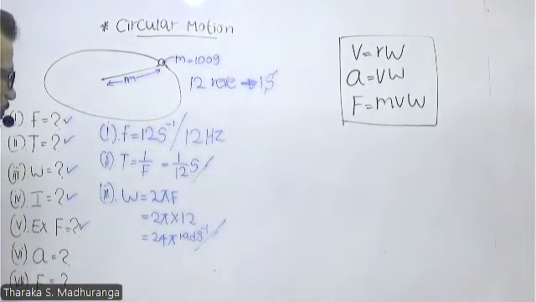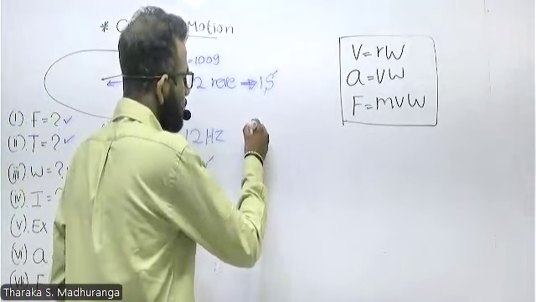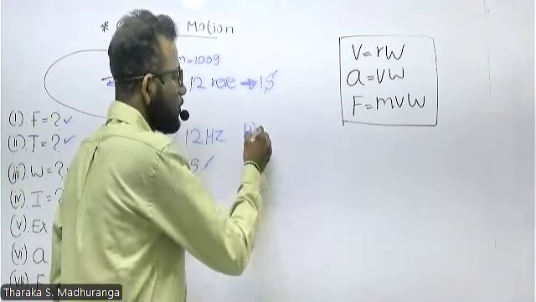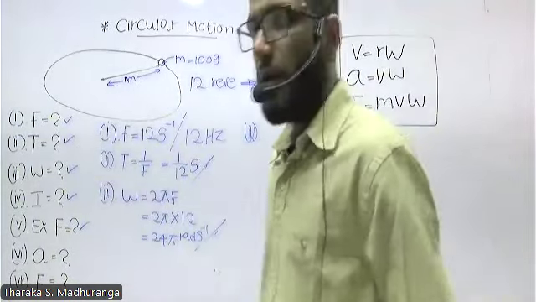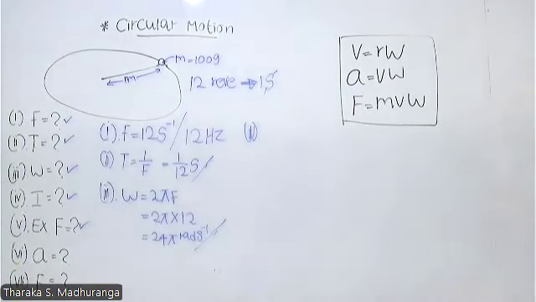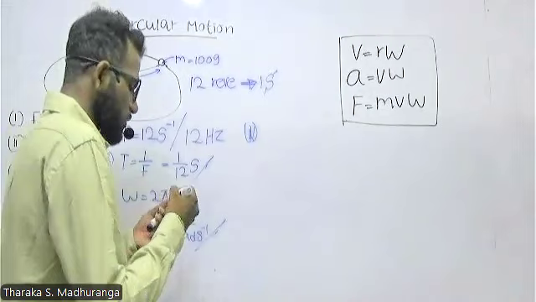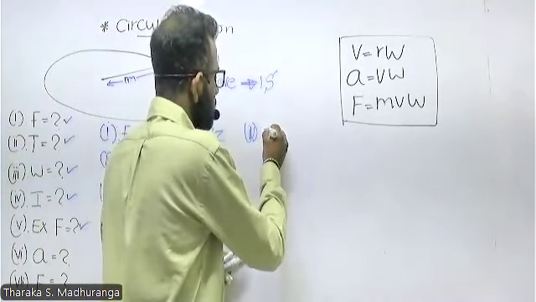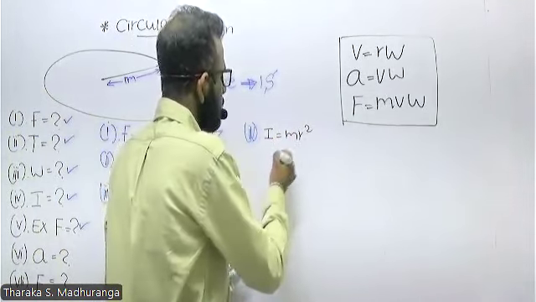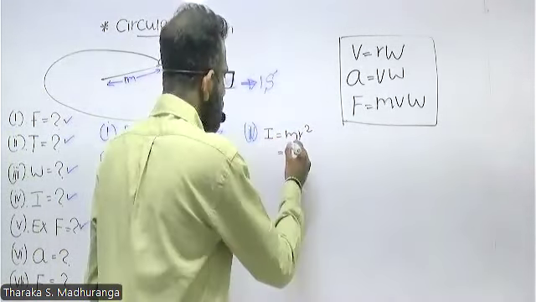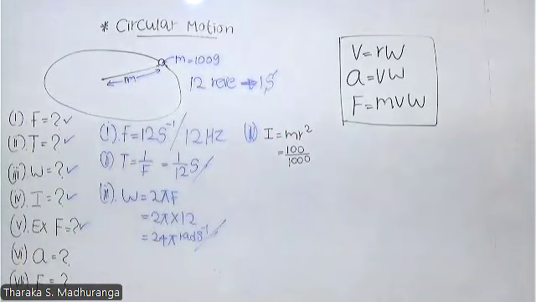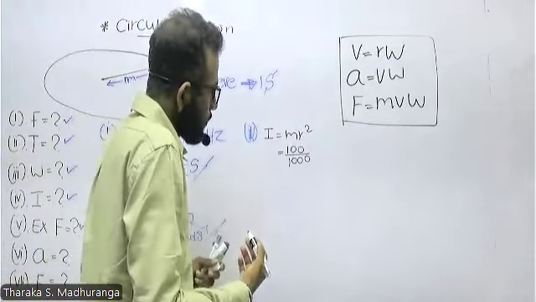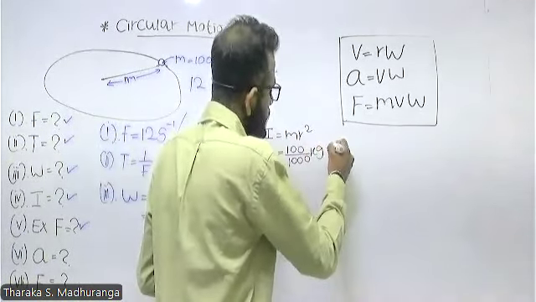Fourth one, the moment of inertia. You need to consider it as a point object, so the basic equation is I equals m r squared. The mass is 100 gram, which needs to be converted into kilograms by dividing by 1000.